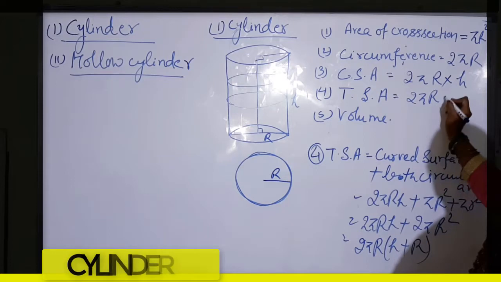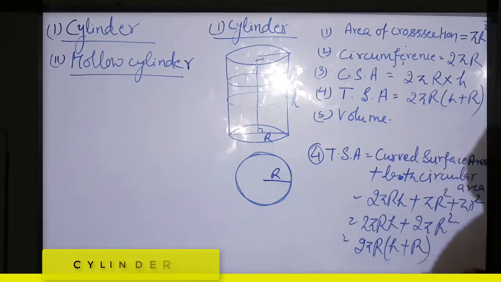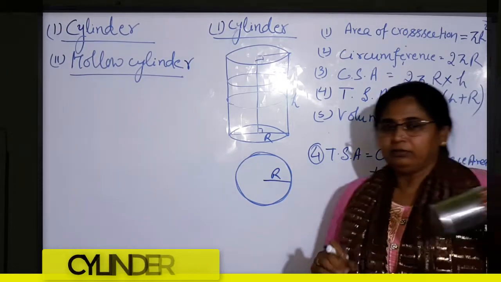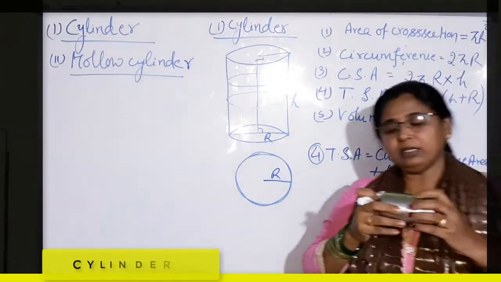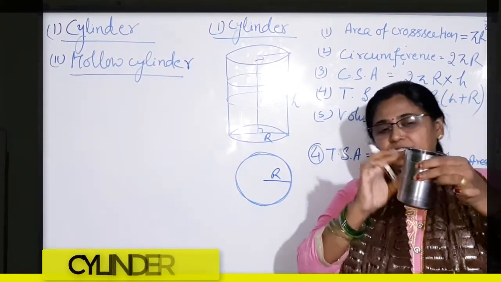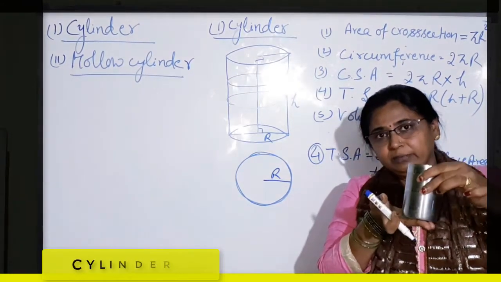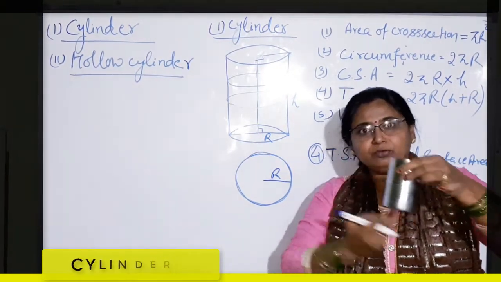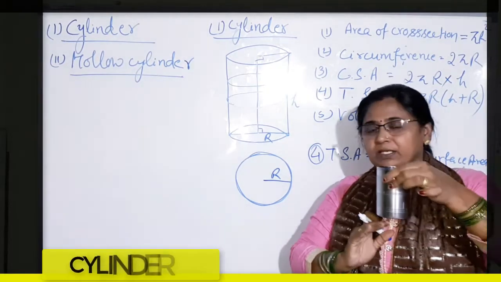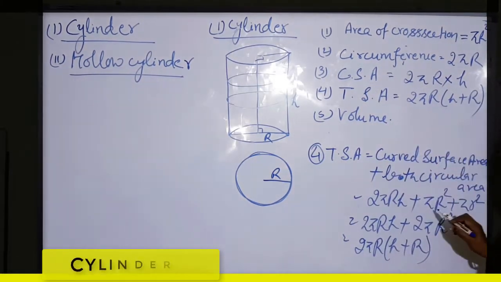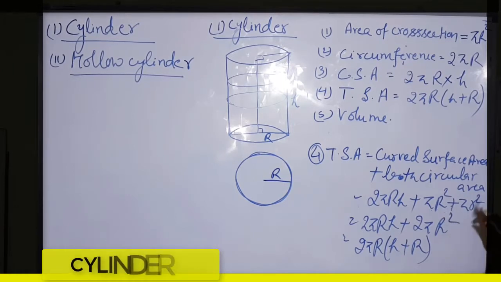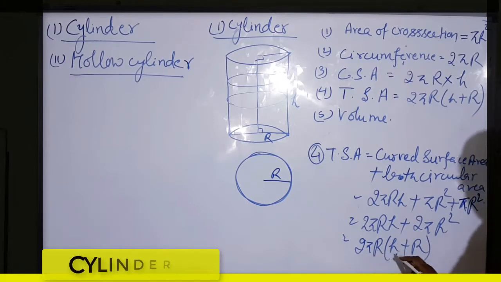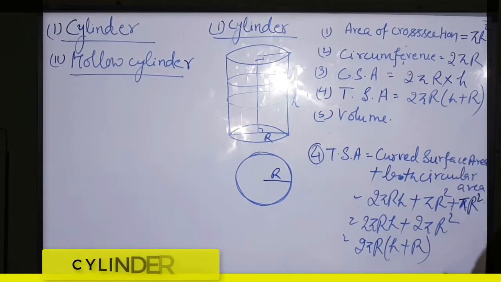Understood? Total surface area means the curved surface area plus the bottom area and then the top area. As the cross sectional areas are uniform everywhere, the top and bottom are the same in this solid, so both are pi r square. That means the total surface area is 2 pi r into h plus capital R.